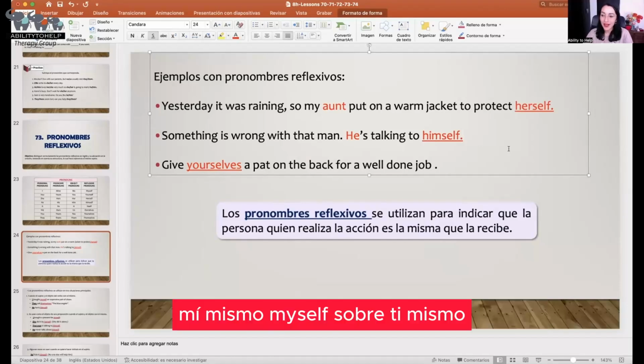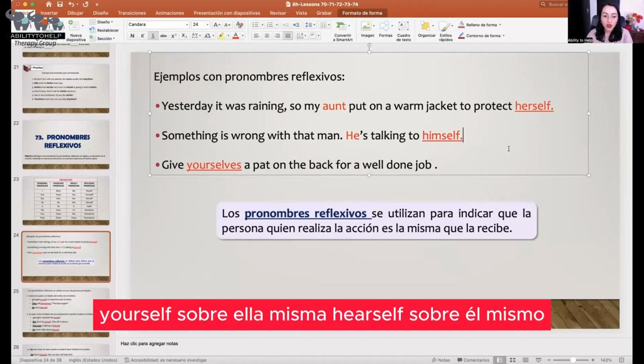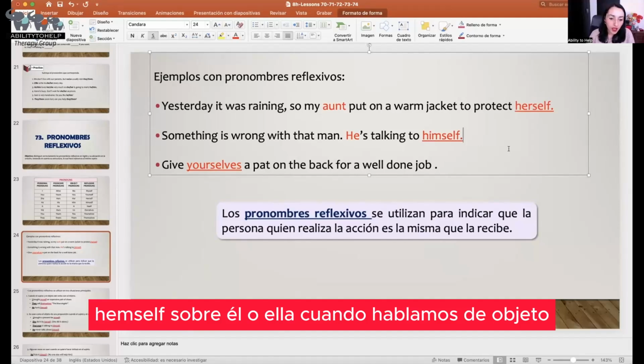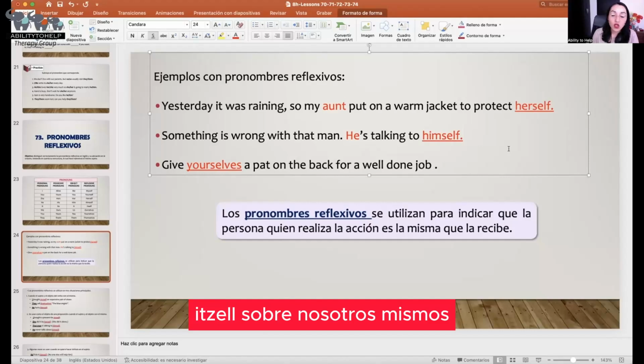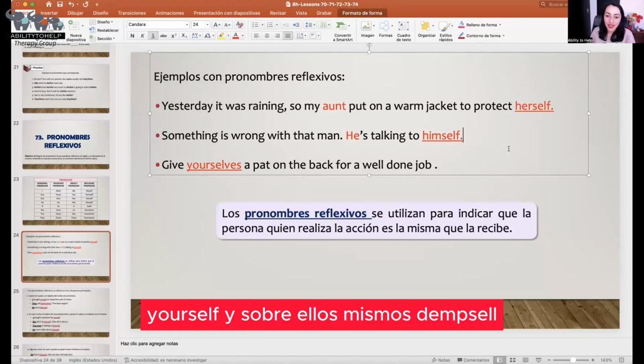Mí mismo, myself. Sobre ti mismo, yourself. Sobre ella misma, herself. Sobre él mismo, himself. Sobre él o ella, cuando hablamos de objeto, itself. Sobre nosotros mismos, ourselves. Sobre ustedes mismos, yourselves. Y sobre ellos mismos, themselves. Es un pronombre muy sencillo.